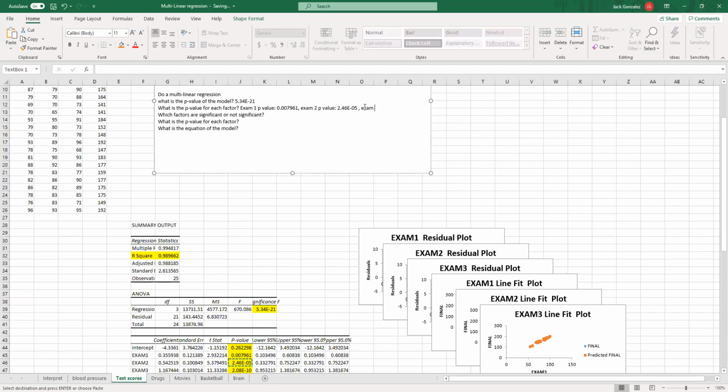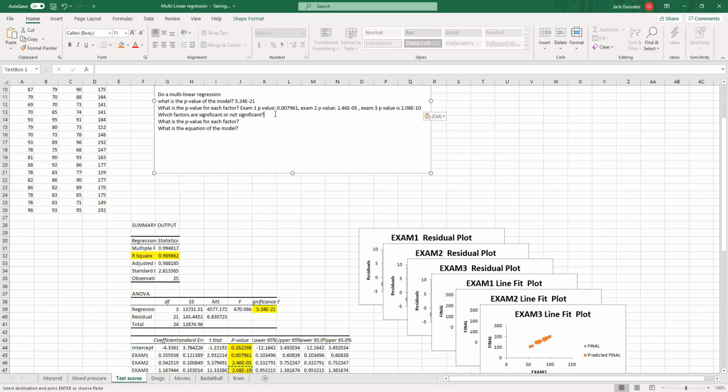Then 3 p-value is, okay. So those are the p-values for each factor, where exam 1, 2, and 3 are factors impacting the final exam score.